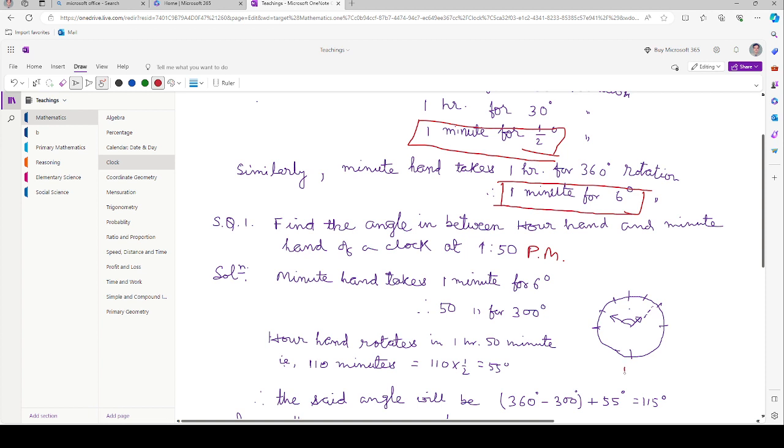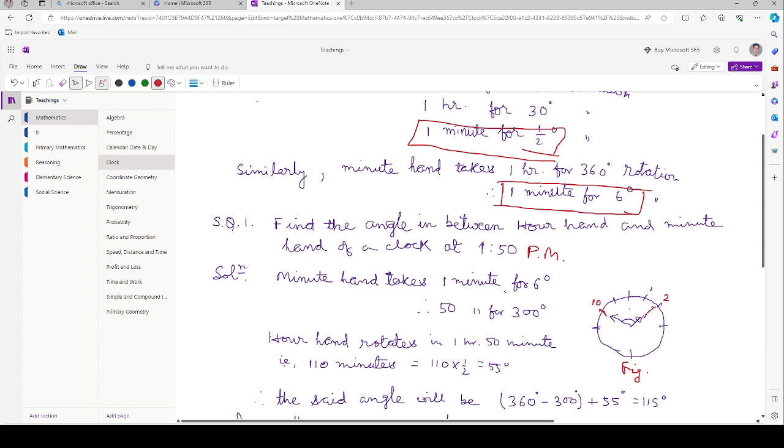In this figure, it shows the time 1:50. That is, hour hand crosses 1 and is going to touch 2, and minute hand has reached the point here, 10, that is 50 minutes. 10 into 5, 50 minutes.